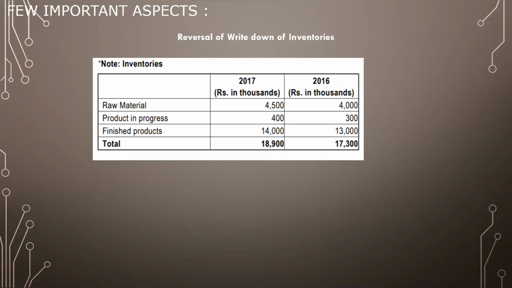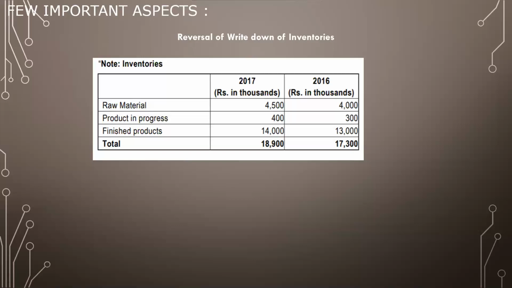When we reverse a write down of inventory, like when we measure your inventory at the lower of cost and net realizable value and write it down, and in a subsequent period the net realizable value has gone up, you have to reverse the write down. When you reverse the write down of the inventory, you have to disclose it separately from a numbers perspective on one side. Second, you have to disclose the circumstances in which you are reversing it and why those circumstances are arising.